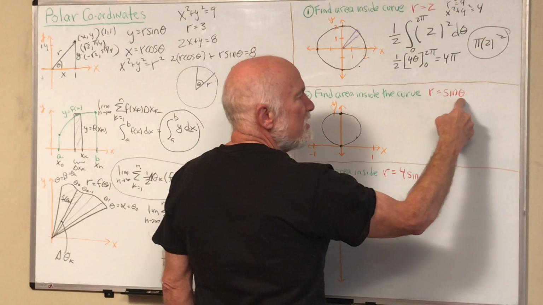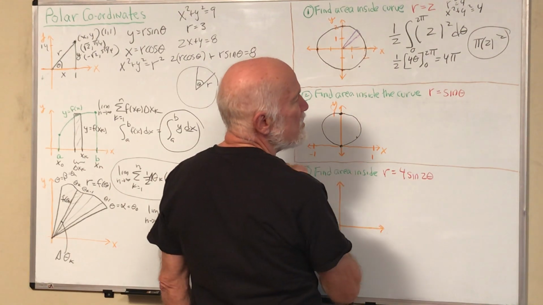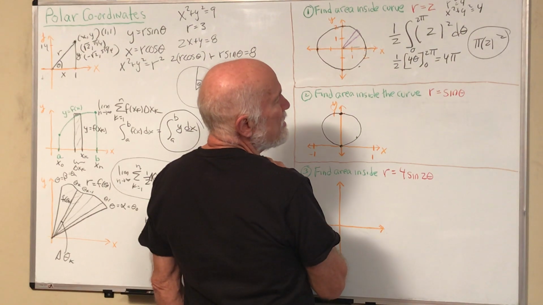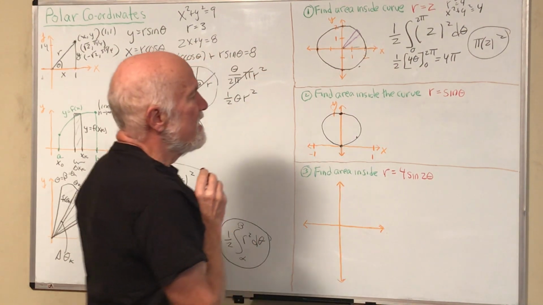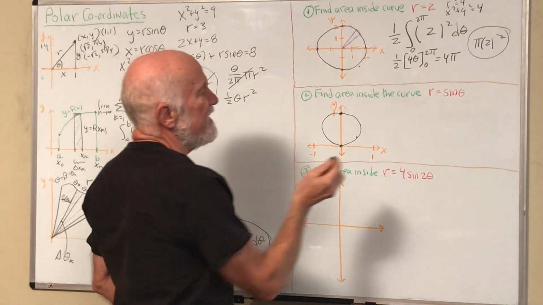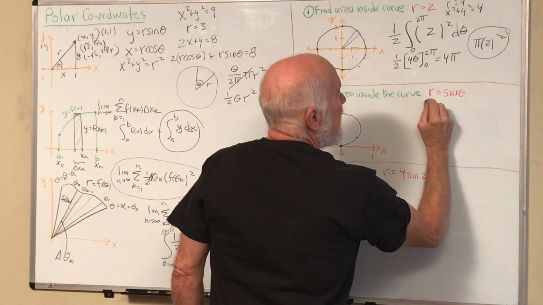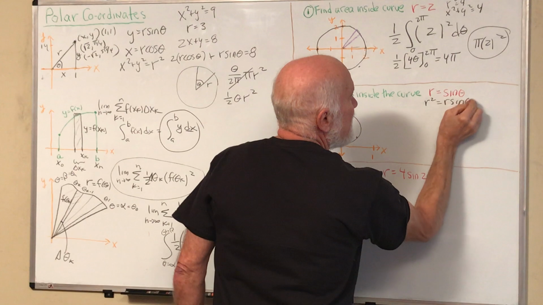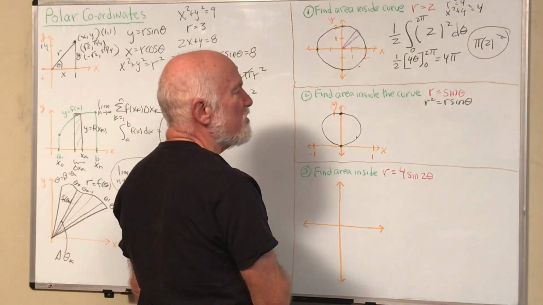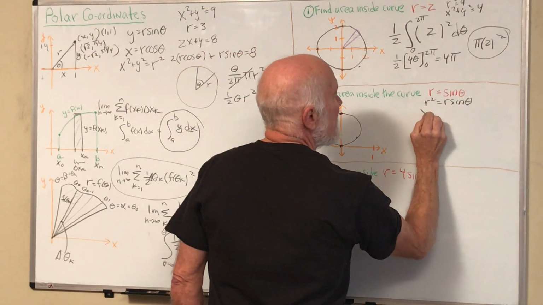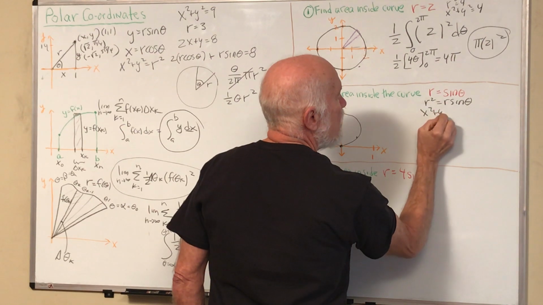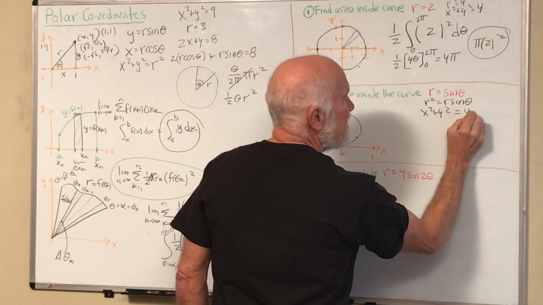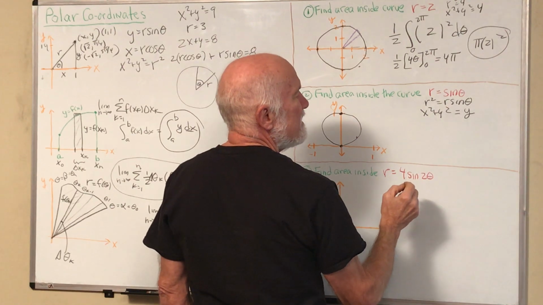And again, what could you do up here to do the same thing? You could say that r squared equals r sine of theta. You could just multiply both sides by r and then say x squared plus y squared equals, and r sine of theta is y.